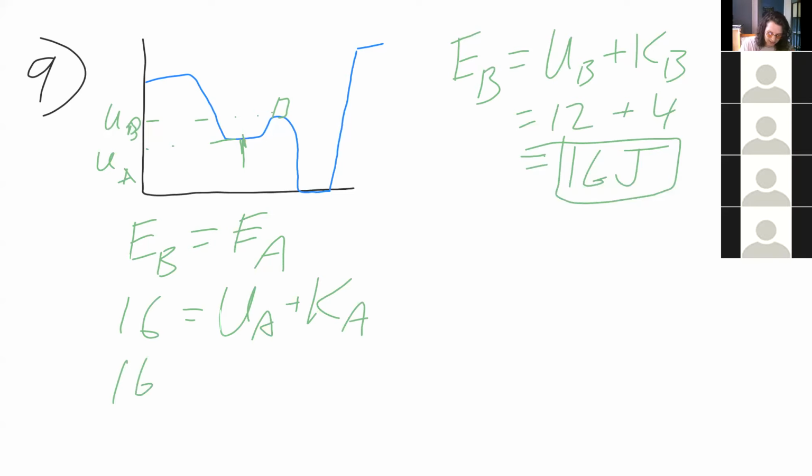And so I have 16 is equal to... what am I ultimately finding? I'm trying to find the speed. I know that U sub A is, for my problem, 9 joules. It's just given in the problem.